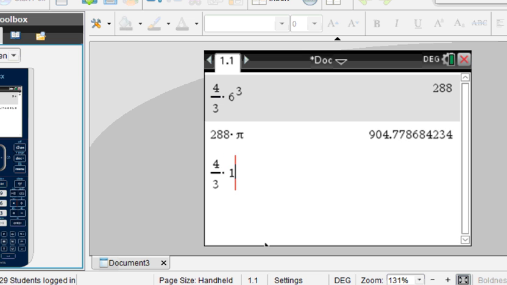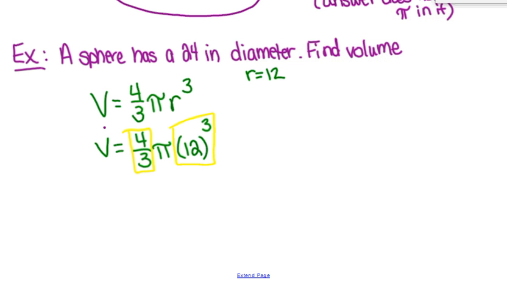Again, I'm going to find that third power by looking for the caret key over on the left-hand side of my calculator, and that'll allow me to enter in that exponent. So 2,304 times pi cubic inches. And again, that's in terms of pi.